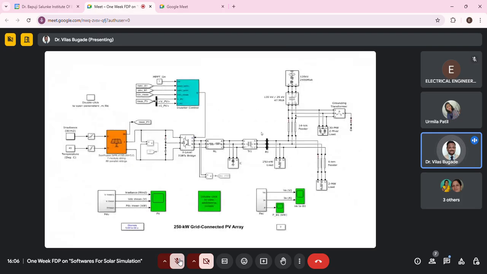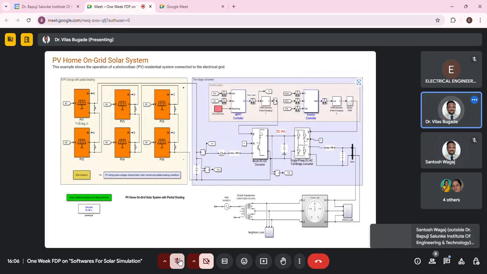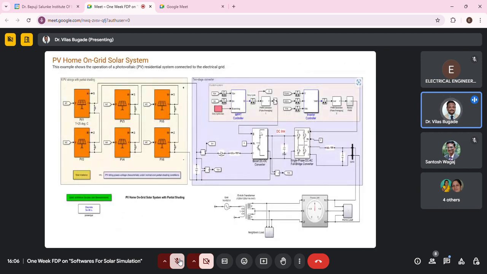Likewise, I have given another example of a 250 kilowatt system with design parameters. Another is an on-grid solar system of 2400 watt. If six modules are there, each will be 400 watt: 1, 2, 3, 4, 5, 6.